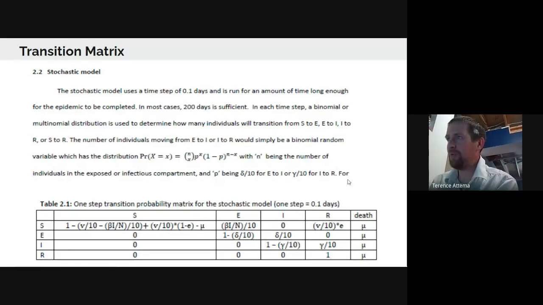It followed a binomial or multinomial distribution. Multinomial is basically for when you have more than two options, which is the case here, so it's very similar. I used the binomial distribution to run the simulation. That's something we've actually learned in class, so hopefully you find that somewhat interesting.